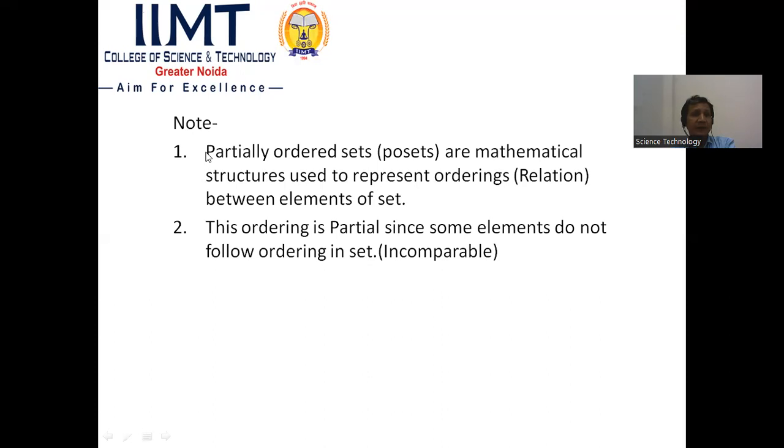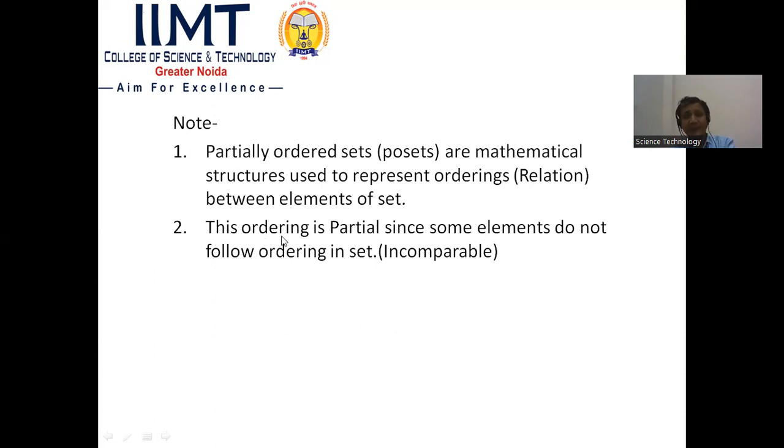So we notice by the above conclusion that partially ordered sets are the mathematical structure used to represent ordering between the elements of sets. And these elements can be the sets of sets.